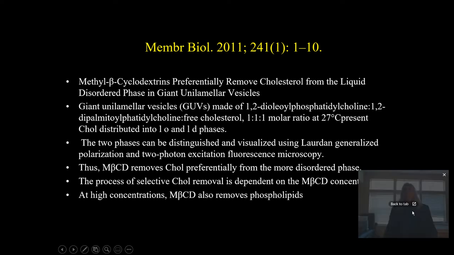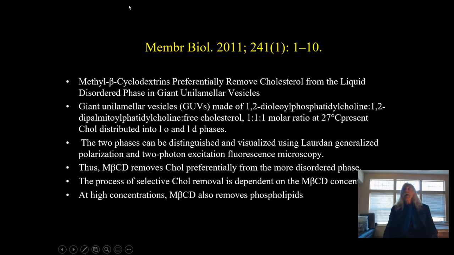Now, that was first published in this membrane biology paper of 2011. I dug this out for you so that you know how methyl-beta-cyclodextrins work. Again, remember, this is authentic biochemistry. So I don't mess around. You want to know what this does? I'm telling you what it does. There's going to be a little twist to this in the end. There always is. This is the original paper where they were looking at what this compound did, this carbohydrate.